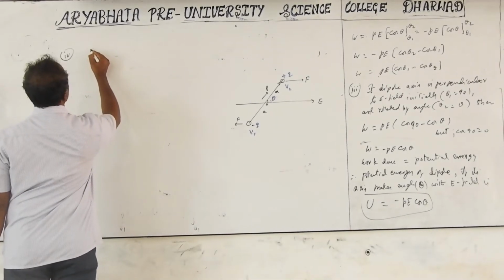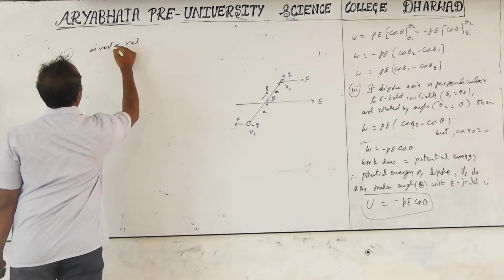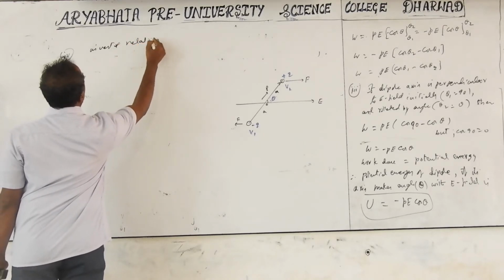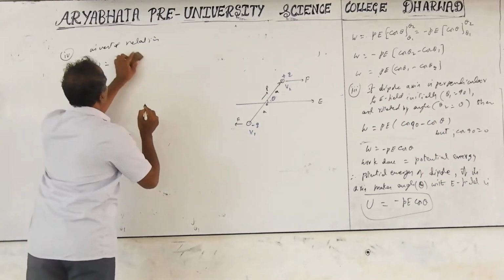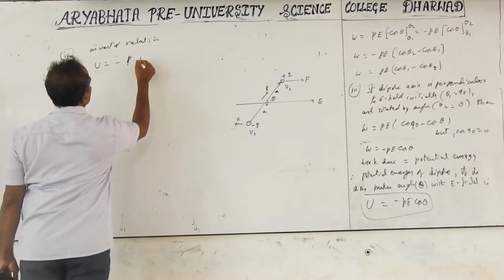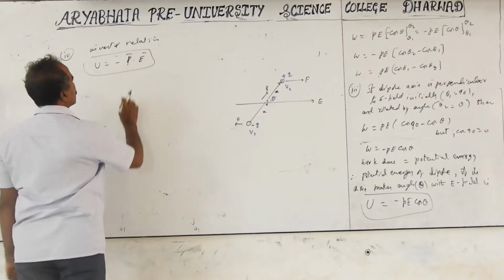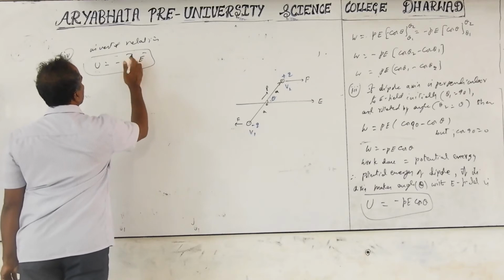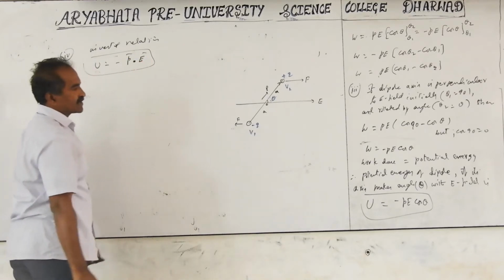Or in vector relation, U equals minus P dot E. Potential energy is a scalar. Dipole moment P is a vector, electric field is also a vector. The dot product is a scalar, and the negative sign is coming.